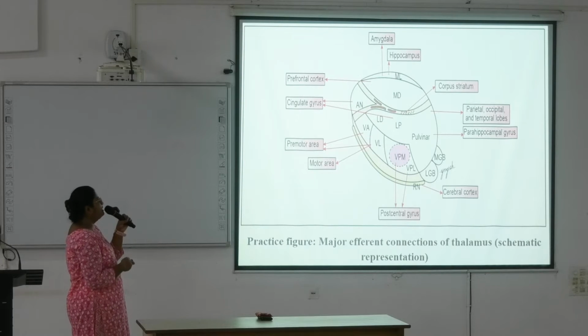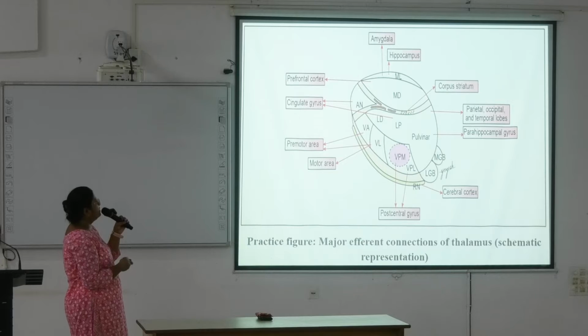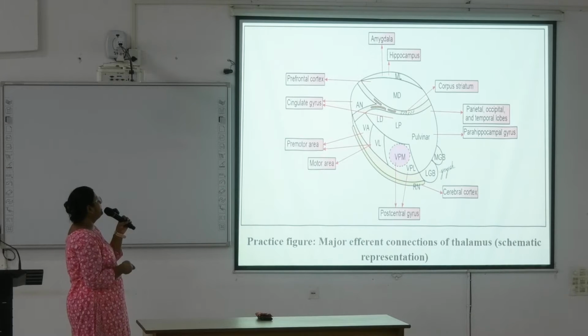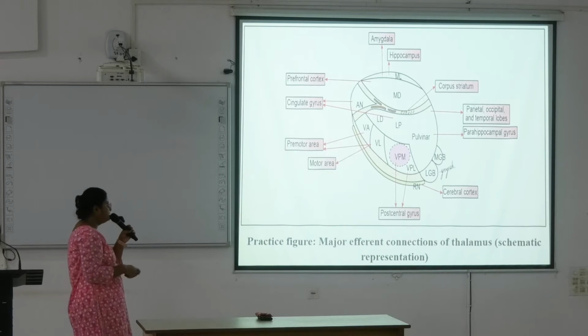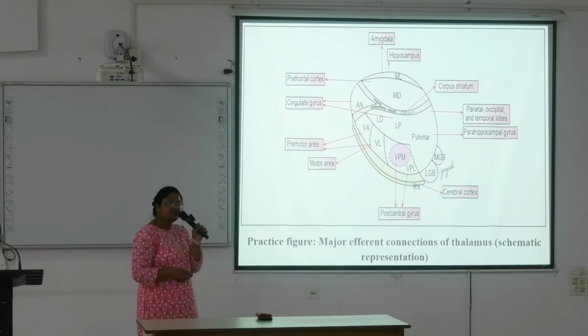Here, from here to the corpus striatum, from the pulvinar area into parahippocampal gyrus, parietal, occipital, temporal lobes. Okay, from VPM and VPL to postcentral gyrus, from ventrolateral to motor area and premotor area, ventroanterior to the premotor area. So these are the efferent connections of the thalamus.